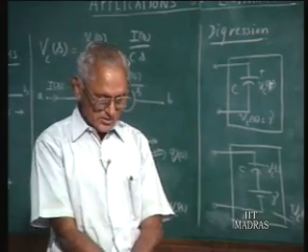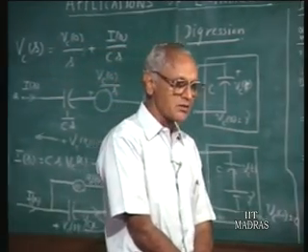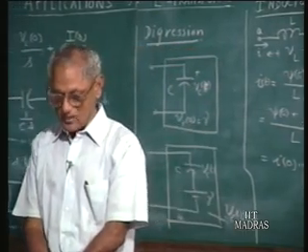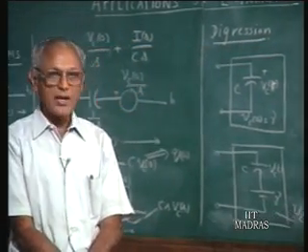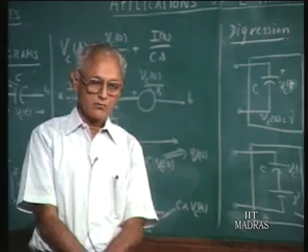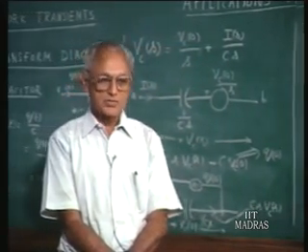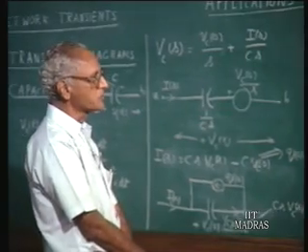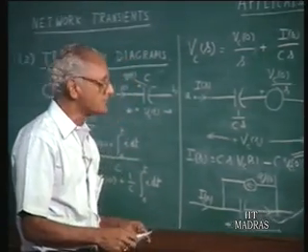Here we are thinking of excitation functions of the type e to the power st. Therefore, it is not surprising that we land on generalized impedance functions 1 over Cs and Ls respectively. So this is a generalization of the impedance we use in AC circuit analysis.